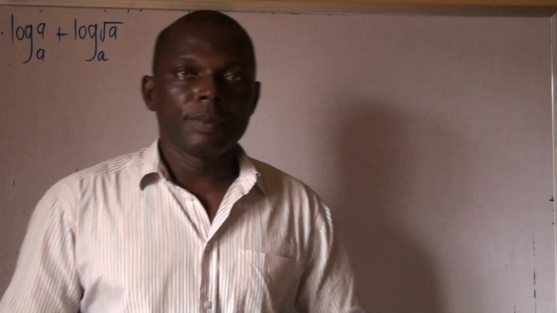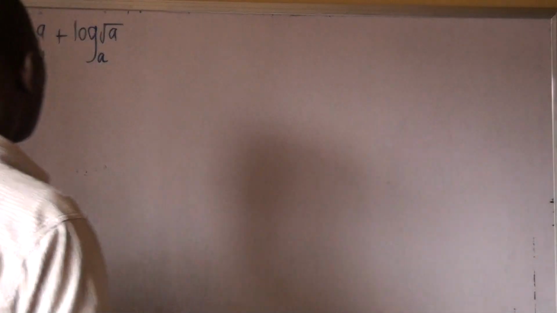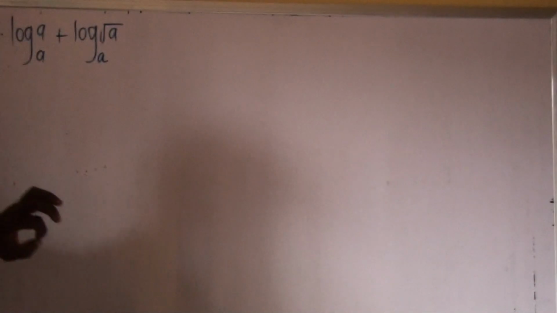Hello viewers, in this our virtual class, we're going to look at some questions in logarithm and attempt them. The first one before us on the board is log a to base a plus log square root of a to base a.